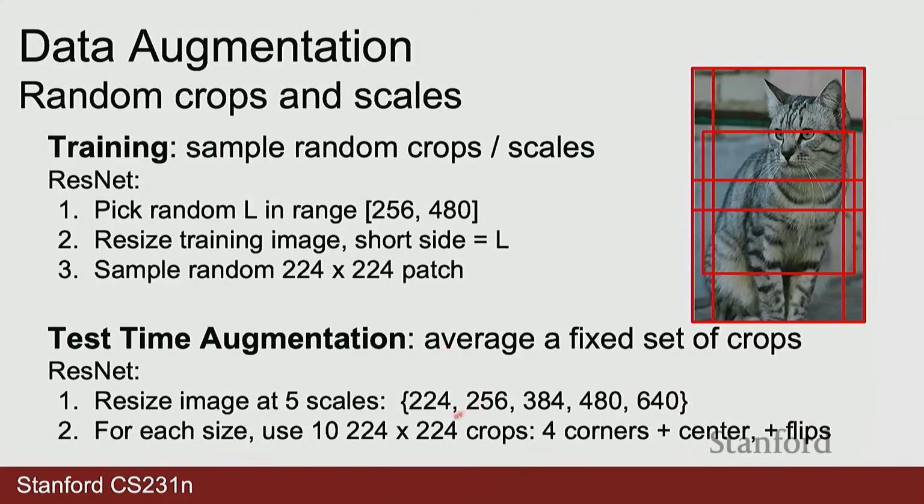For ResNets, people will often try a bunch of different scales, a bunch of different crop locations, and maybe even flip it. Usually you'll start getting diminishing returns, but you can get a pretty good 1% to 2% performance boost by using this sort of test time augmentation. So if you're in a setting where it really matters, where you're trying to eke out every last bit of percentage points, then this is a really great trick that you can use for almost any computer vision problem.